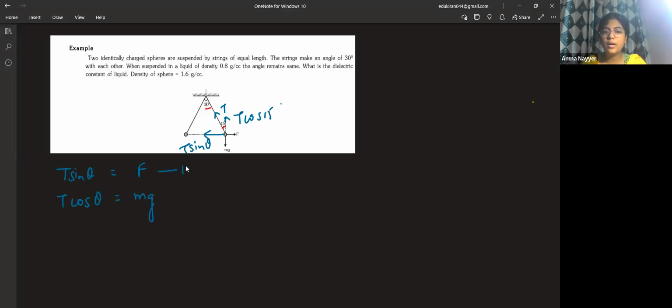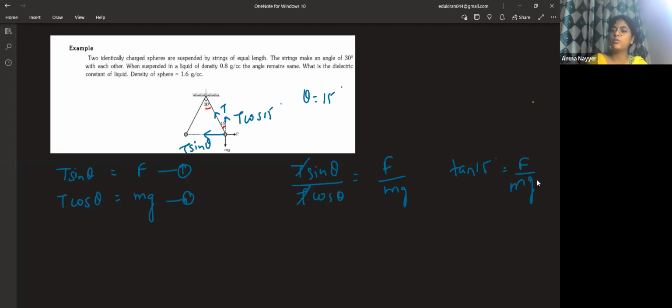So this is one equation, this is the second equation. If you take their ratio, T sin theta divided by T cos theta becomes force divided by mg. Tension gets cancelled. Sin theta by cos theta is tan theta, and theta is 15 degree. So tan 15 degree becomes equal to force divided by mg. This is what we have.